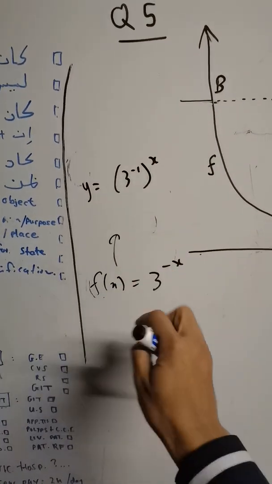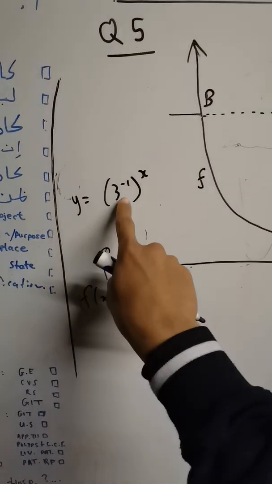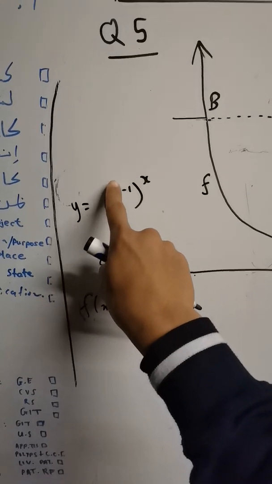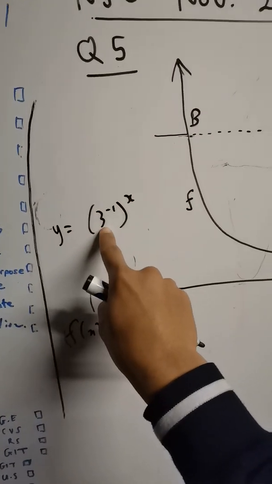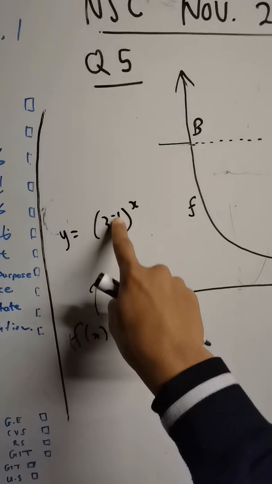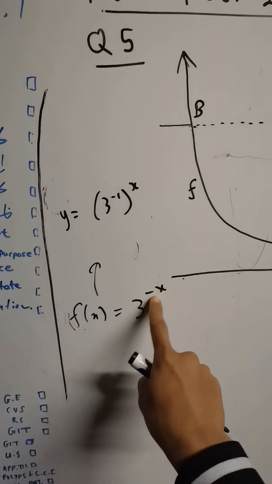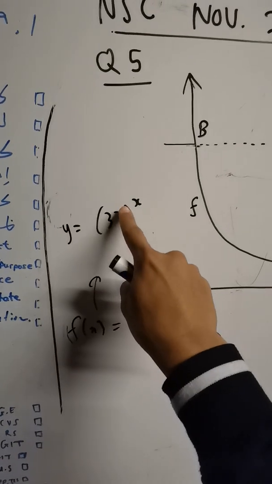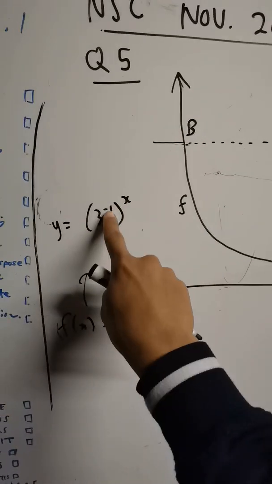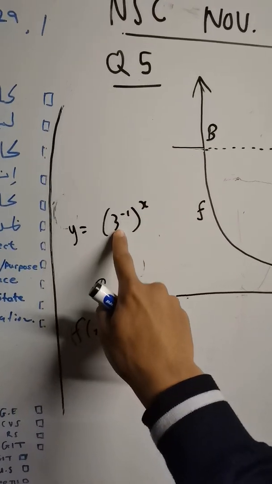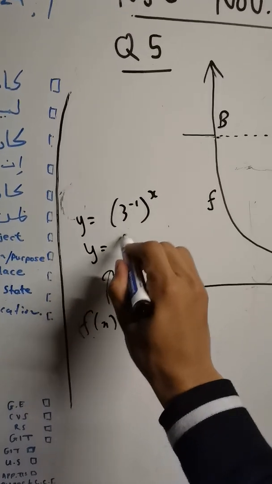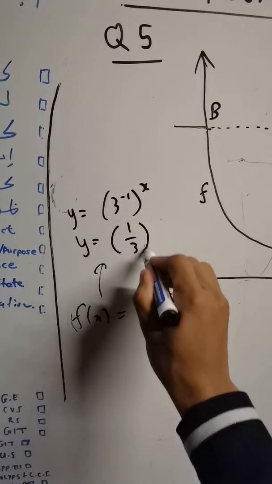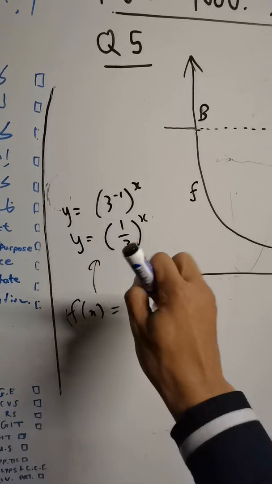Remember, 3 to the power of negative x is y equal to, in your brackets, 3 to the power of negative 1, because negative 1 times x is negative x. So we can separate the negative 1 and the x, and 3 to the power of negative 1 is also known as 1 over 3. It can also be written as 1 over 3 to the power x.